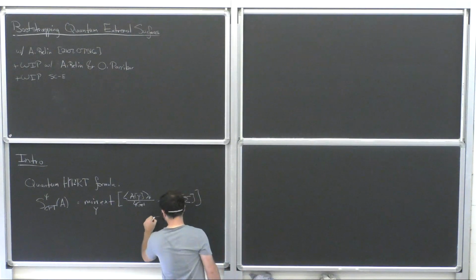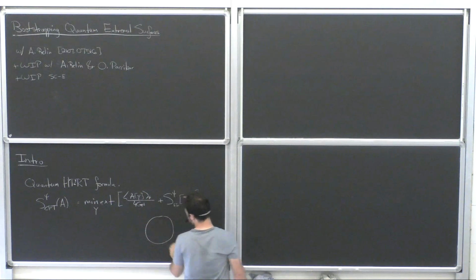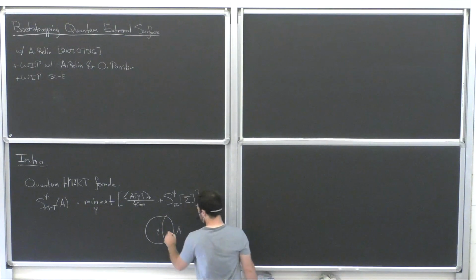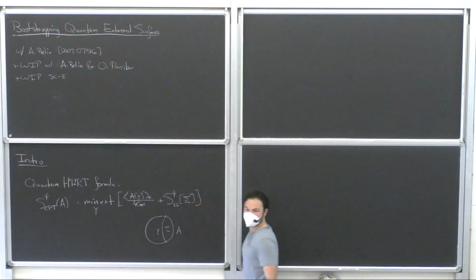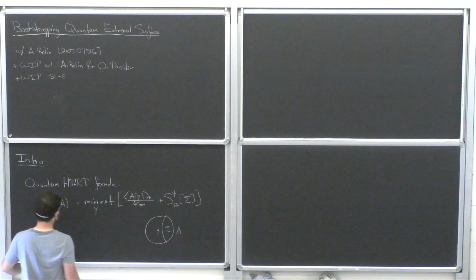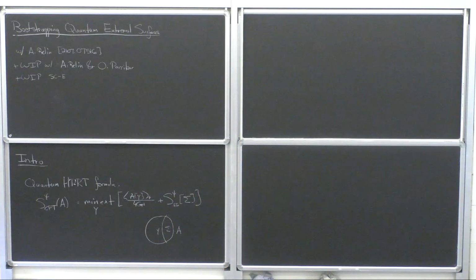So here's the picture. If I have a slice of AdS3, here's my surface gamma, and this is the region bounded by gamma and A. The general prescription, as proposed by those authors, is that you should compute each side order by order in 1 over N, and it should agree order by order.